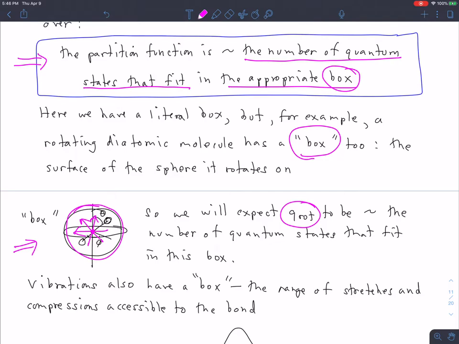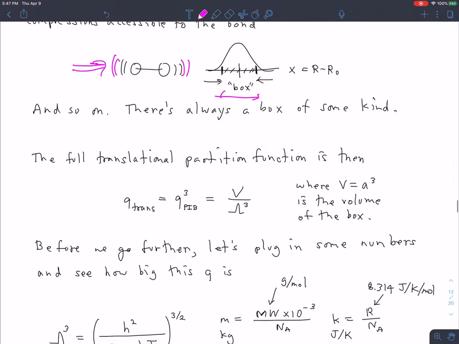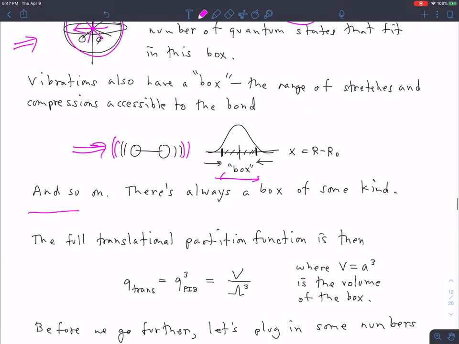We'll see how that works when we get to the rotations. That's actually the next topic. If I have vibrations, then the box is the range of possible stretches and compressions that the vibrating molecule can undergo, and that's your box. And so we're going to see that same pattern over and over again.